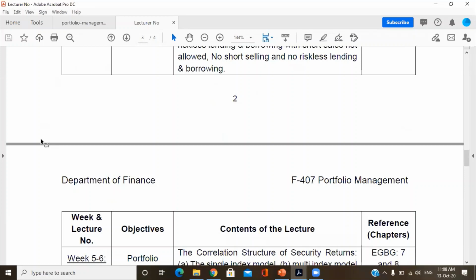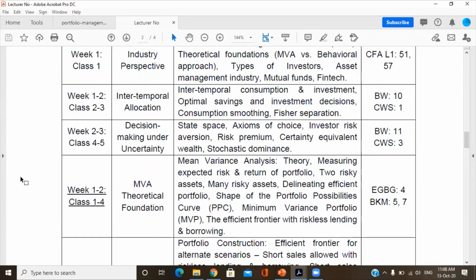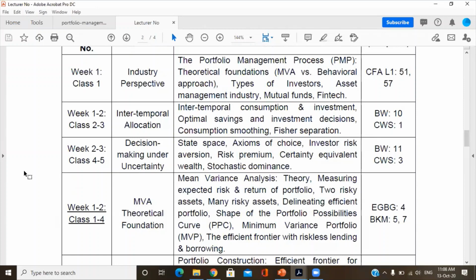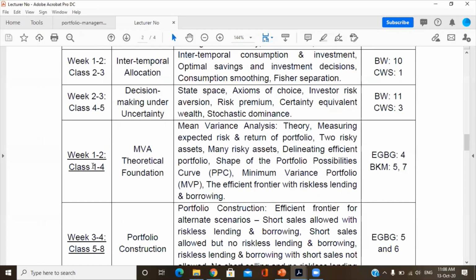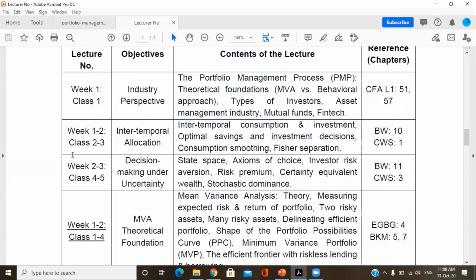Okay. The purpose of separating the class numbers is that some classes are underlined and some are not. The classes which are not underlined will be taken by me, and the classes which are underlined will be taken by Shojib sir. It's not your focus, it's the focus of the faculty members.